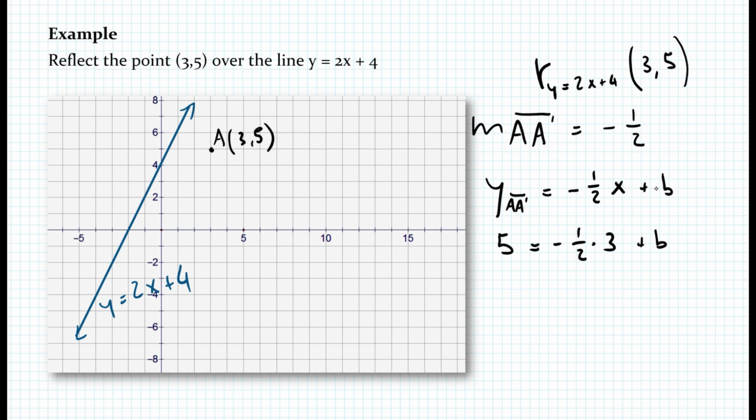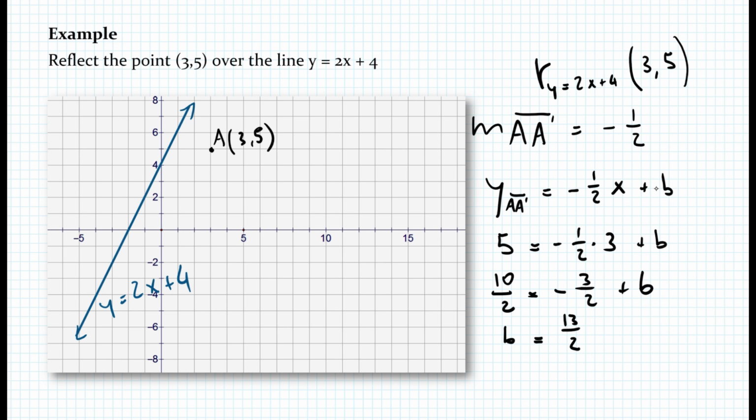So 5 is equal to negative 3/2 plus b. And at this point, it's probably a good idea to change the 5 into a fraction, namely 10 over 2, okay? So that means that the b value, if we add 3/2 to both sides, is going to be 13 over 2, okay?